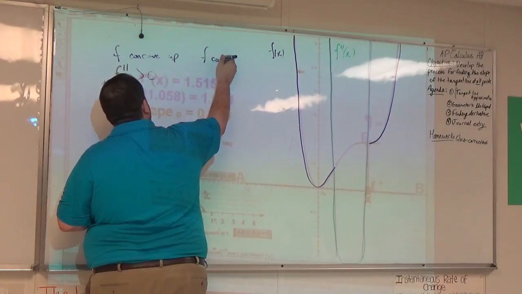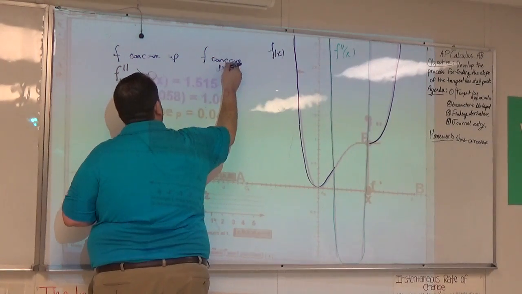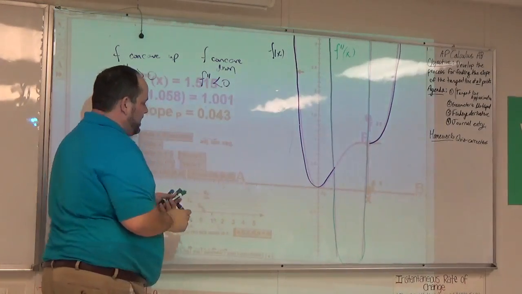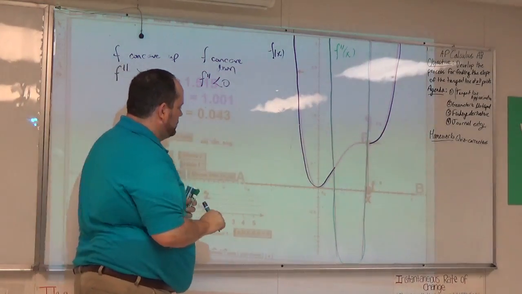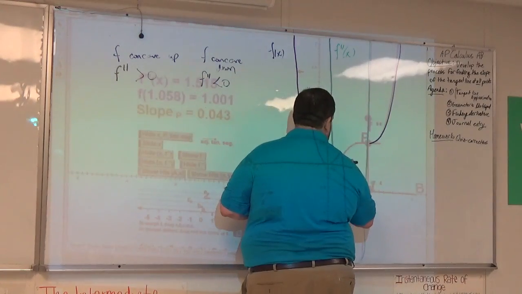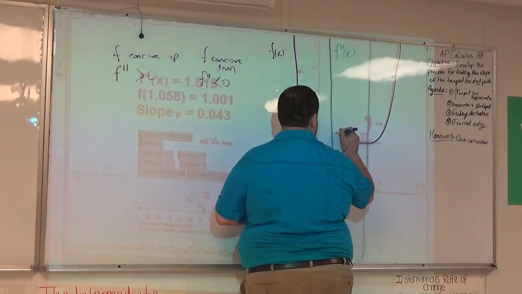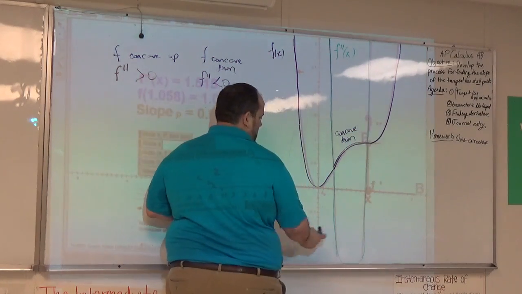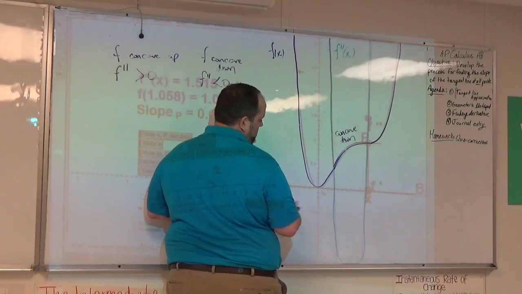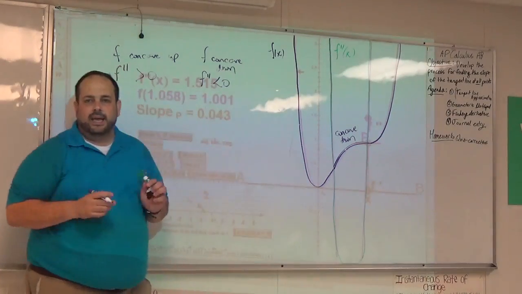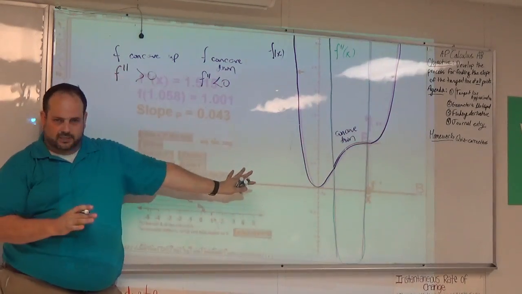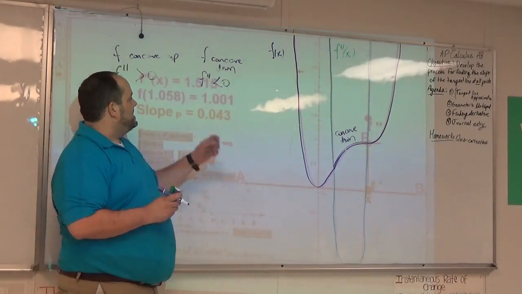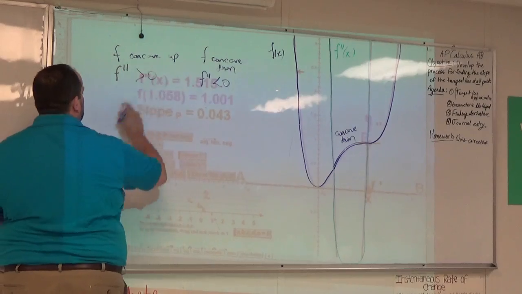If f is concave down, then f double prime should be negative. Let's see, is that actually true? It looks like I'm concave down in this interval over here. Is f double prime negative? I can see it's below the x-axis. It's not perfect, as Geometry Sketchpad and the projector are not doing great, but these relationships are true.